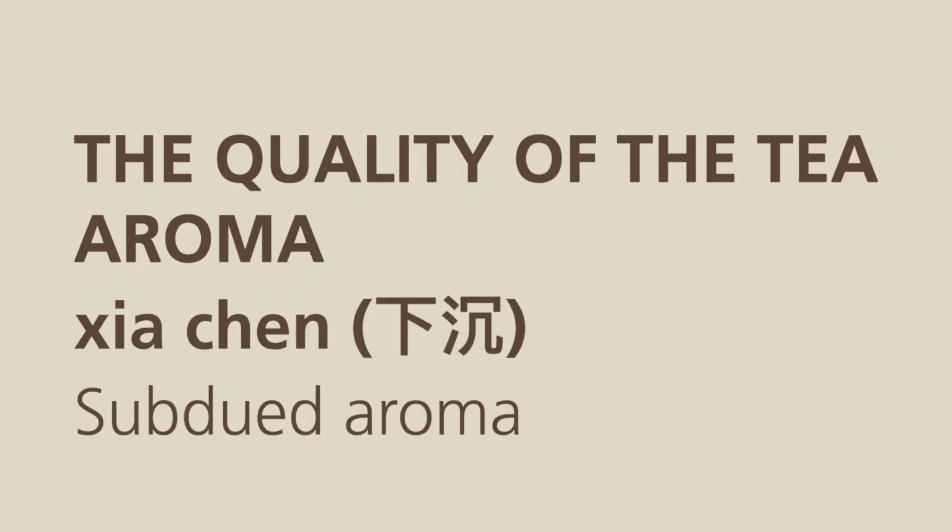Almost the opposite of this one is a subdued aroma called chen, which is a lot more subtle. Teas with still an interesting, complex and engaging aroma, but one that's much less present, one where you actively have to seek for it and be patient and wait.